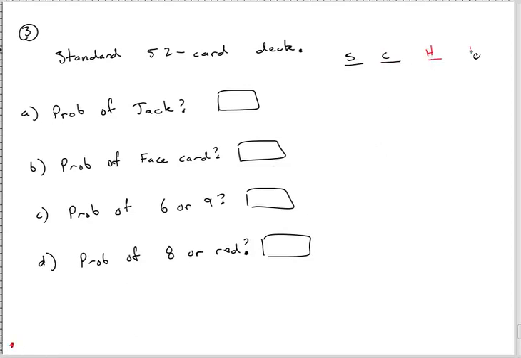Hearts and diamonds. So we got black cards and we got red cards. And in each suit, these are my 4 suits, we have a 2, 3, 4, 5, 6, 7, 8, 9, 10, Jack, Queen, King, Ace. And I'm just going to go ahead and put them all up here.